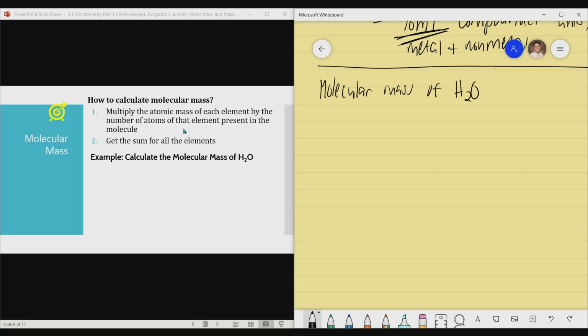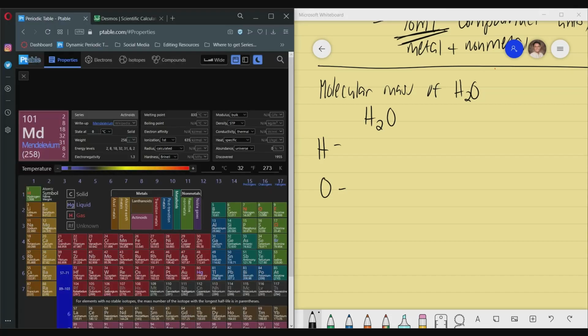First thing is we need to account the atomic masses for each element. We have here two elements, hydrogen and oxygen. To know the atomic mass for each element, look at the periodic table. Hydrogen here has 1.008.